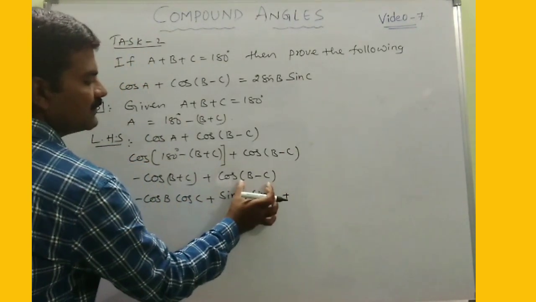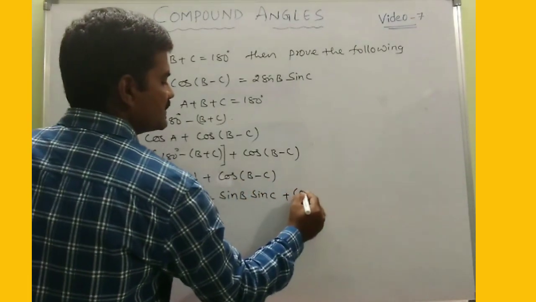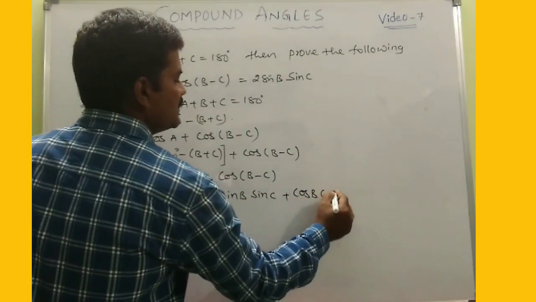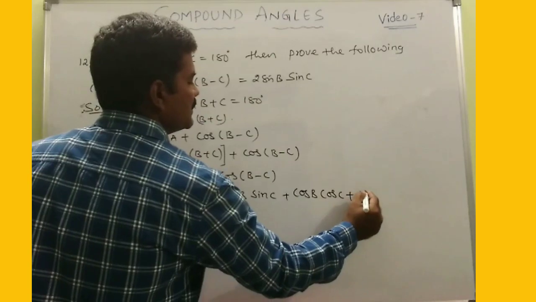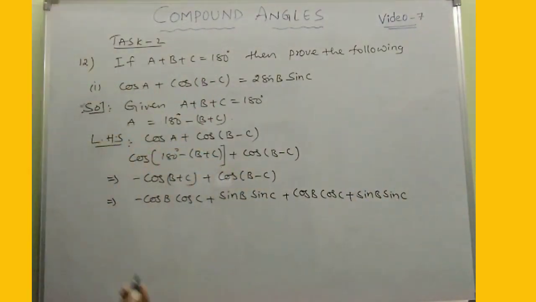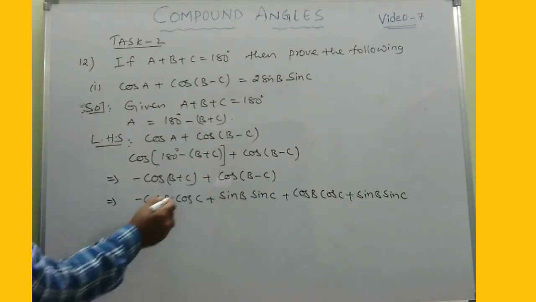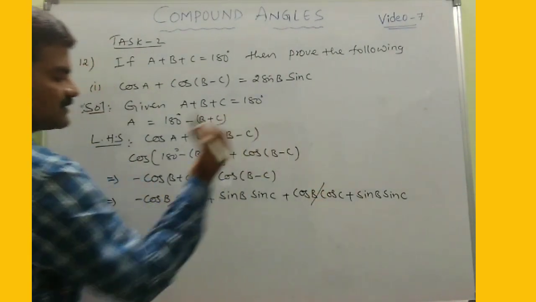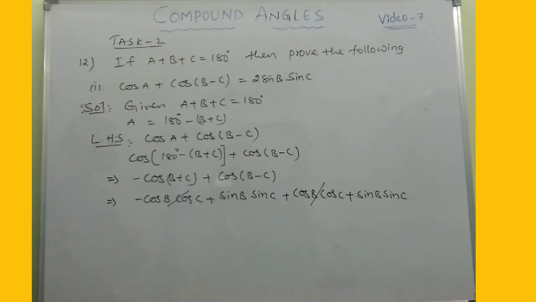Moreover, expand the formula of cos of (B minus C): cos B into cos C plus sin B into sin C, right? So of these terms, one is positive and one is negative, hence they cancel.